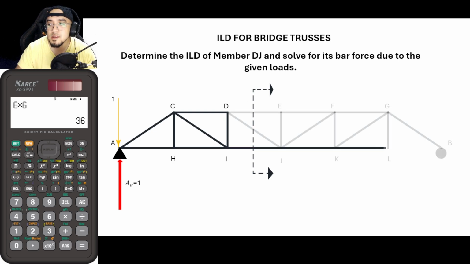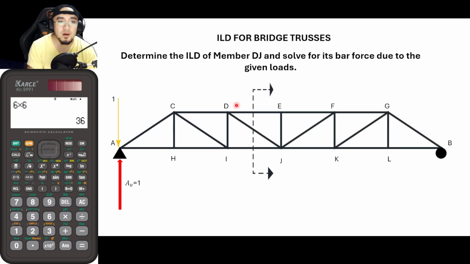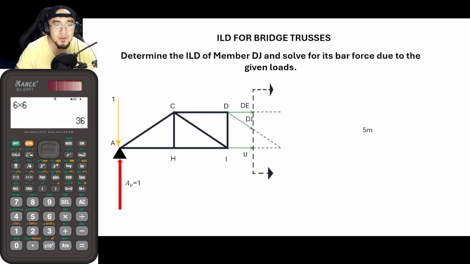So a while ago, this was our whole truss, but since we are to cut a section here, the right side will now be neglected. So kalimutan na po natin ang right side. And we will be choosing the left side. But take note that for the bar forces that were cut, they must be converted into forces.